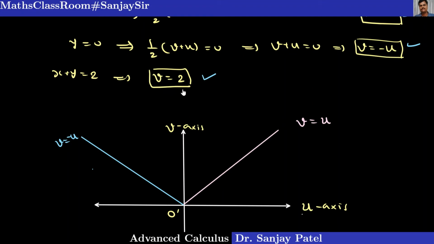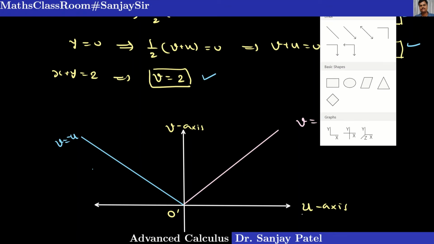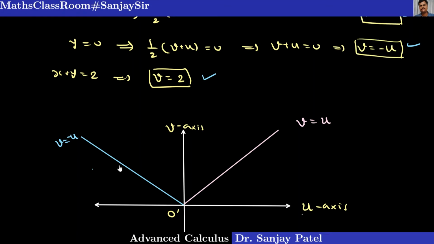So v equal to 2, that is v equal to constant, means we will have a line parallel to the u-axis. So our third boundary is a line parallel to this u-axis, and that is given by v is equal to 2. It is like this.